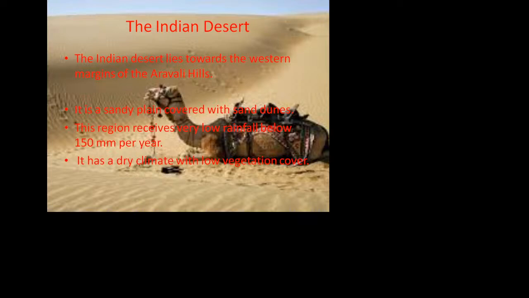Again, I am repeating my definition. If the question comes, what is a plateau? You will define a plateau as an area of highland, usually consisting of relatively flat terrain that is raised significantly above the surrounding area, often with one or more sides with steep slopes.